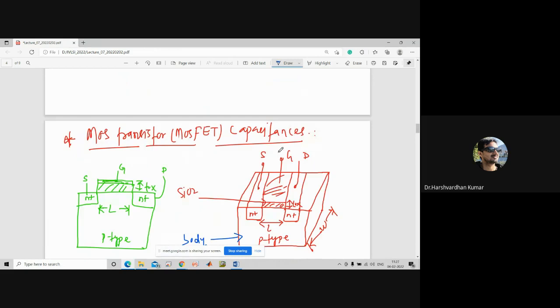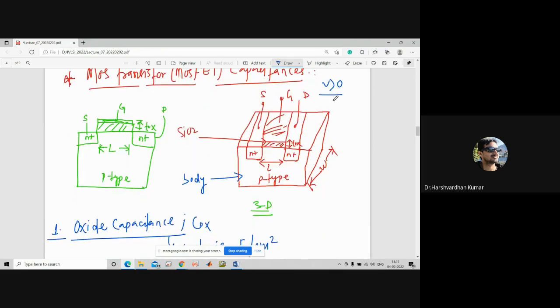VGS is less than VTH, but still the voltage is greater than 0, so positive charge will be at the gate, and negative immobile ions in the body. But it is not greater than VTH, so there will be a depletion region here.